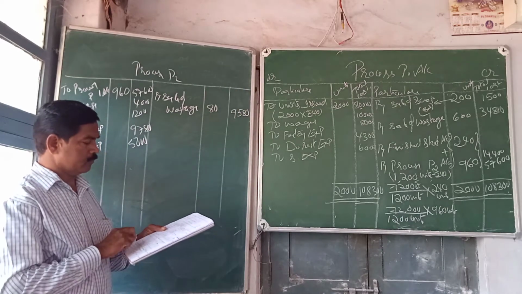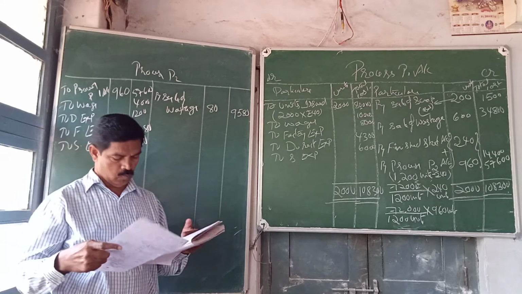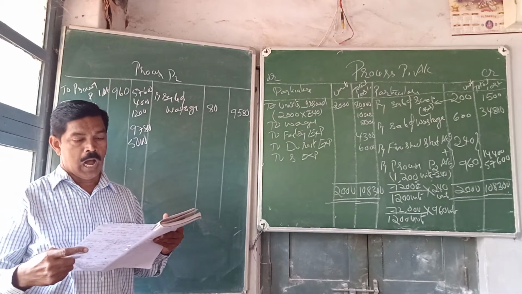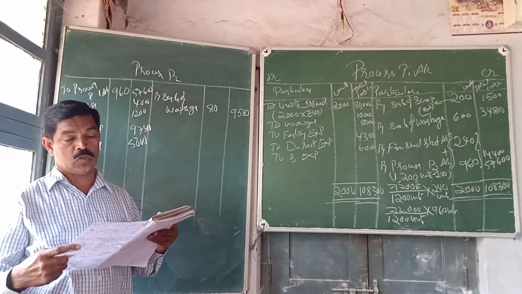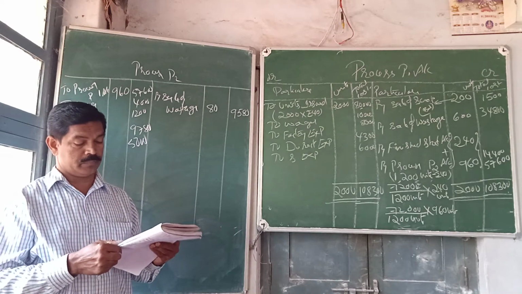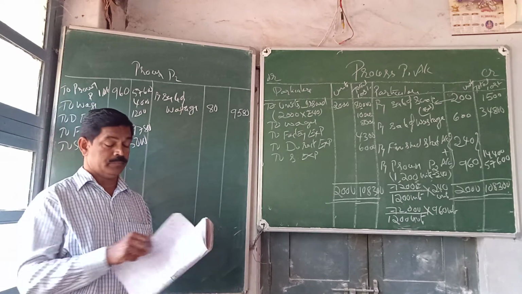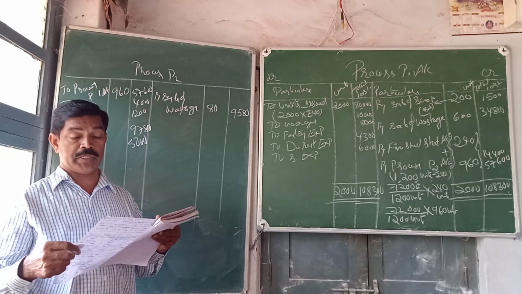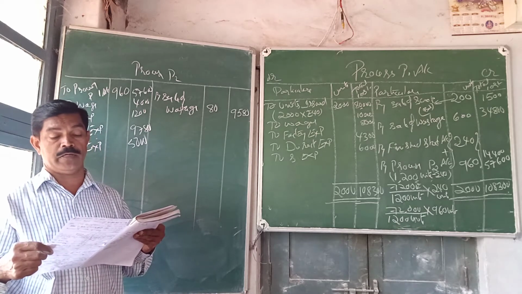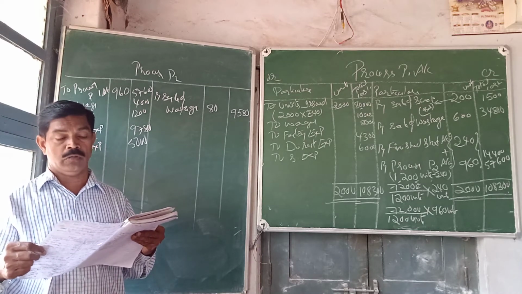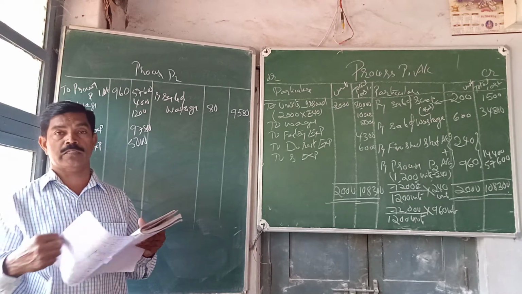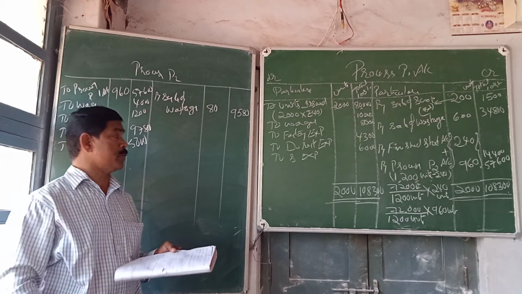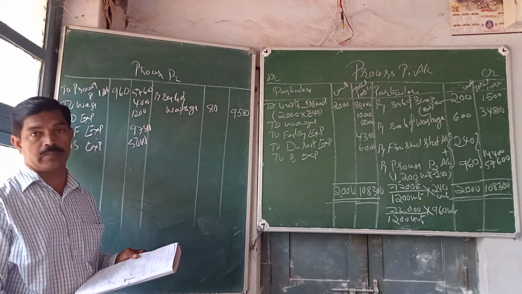Then from process 2, what is given? See here, output of process 2 is 850 units. Then output of process P3 is sold at 120 per unit. That means about P2 there is no other information. That means the output of P2 is transferred to P3.